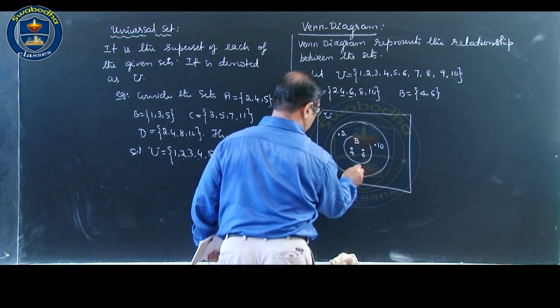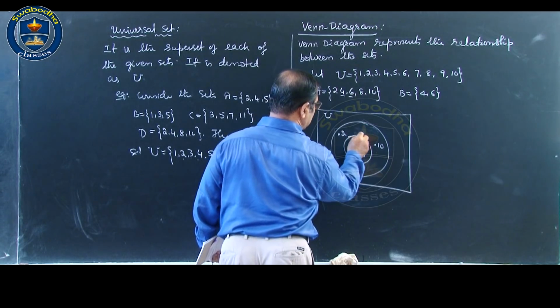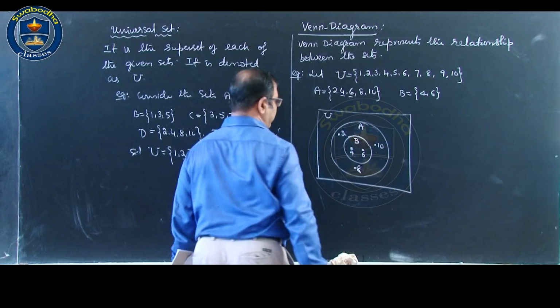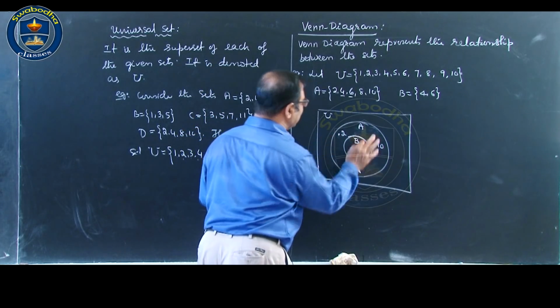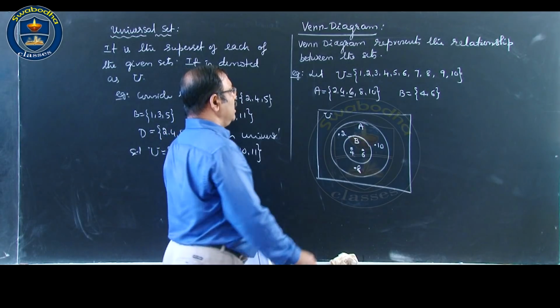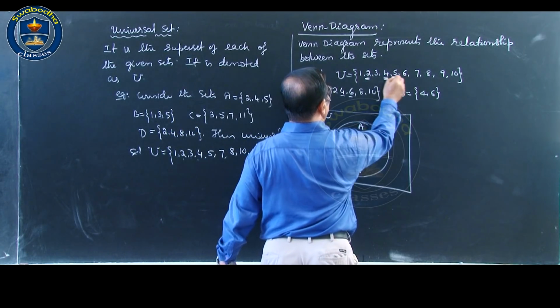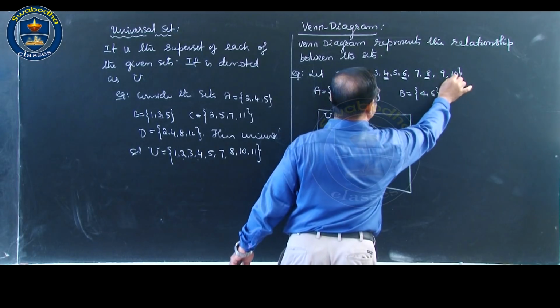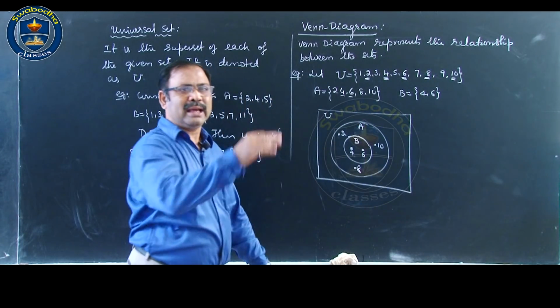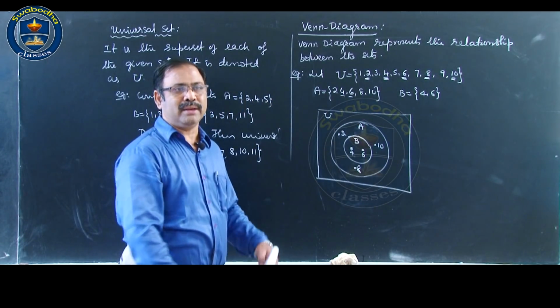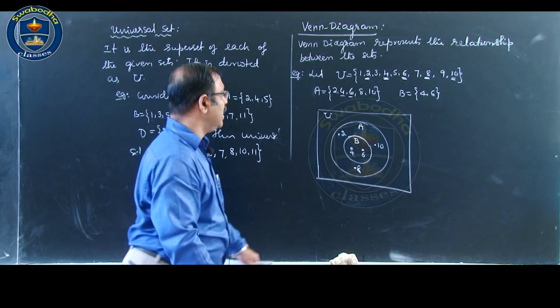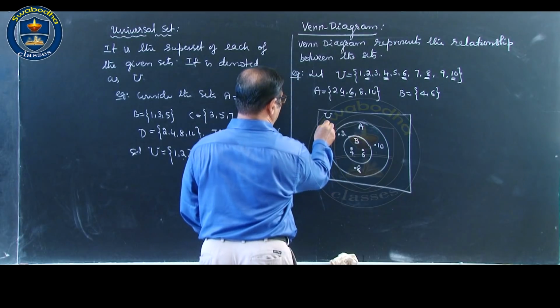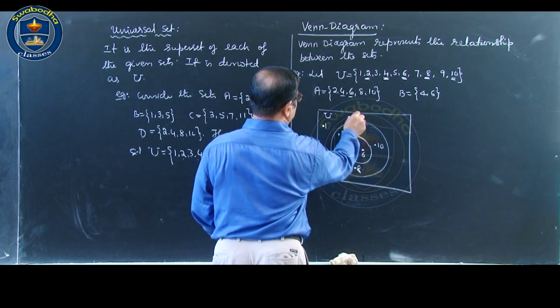See, this is set A. Set A contains 2, 4, 6, 8, 10. ಈಗ 2, 4, 6, 8, 10. These are already written there in set A and B. So, which are the remaining elements? ಈಗ remaining elements ಯಾವುದು? Remaining numbers are, ನೋಡಿ, 1, 3.